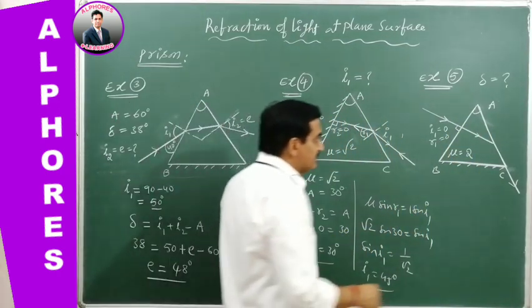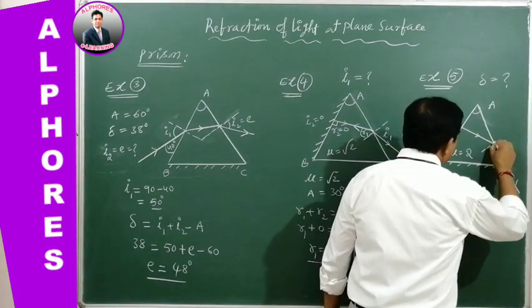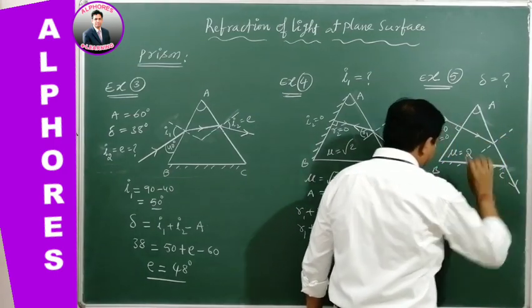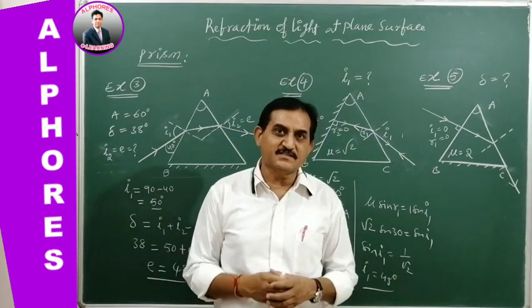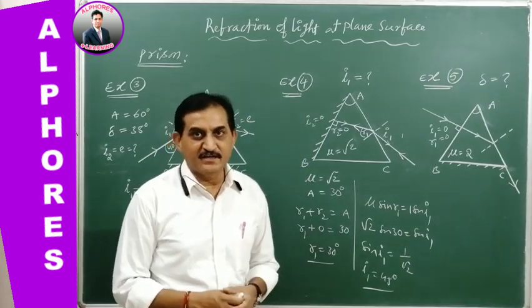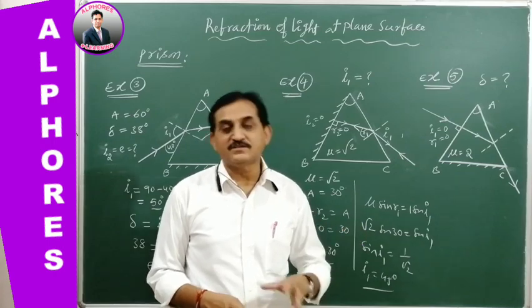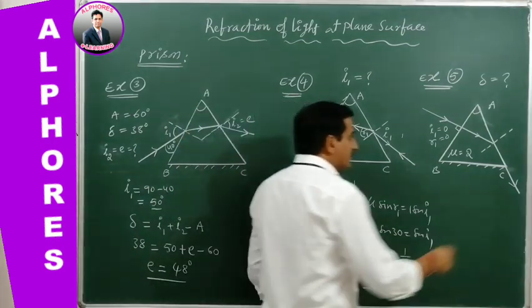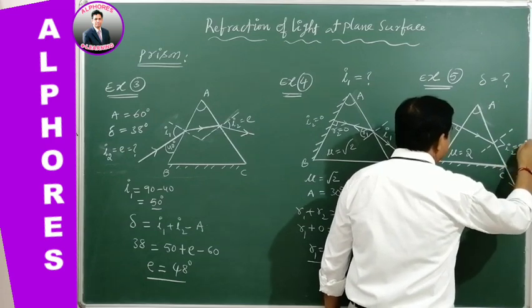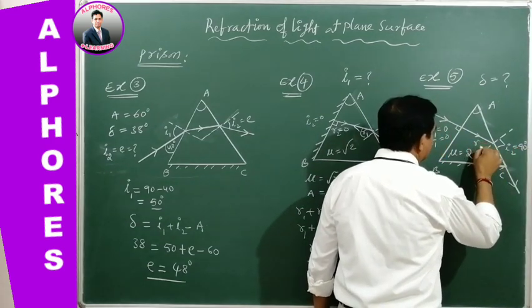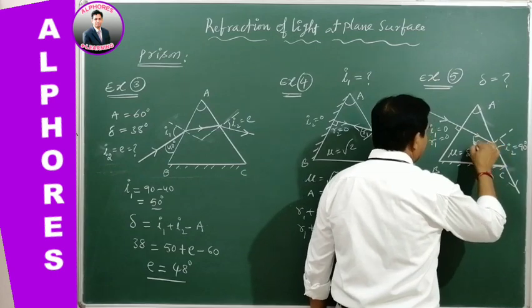And again at the second refracting surface, so this point was already given earlier: whenever the light is grazing the surface on the other side, the angle is to be taken as the critical angle. Therefore in this case I2 is 90 degrees, and R2 is the critical angle.